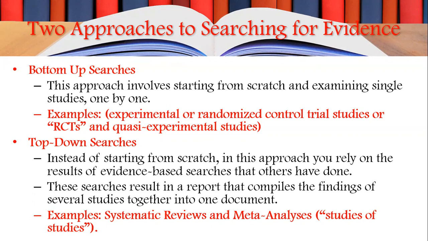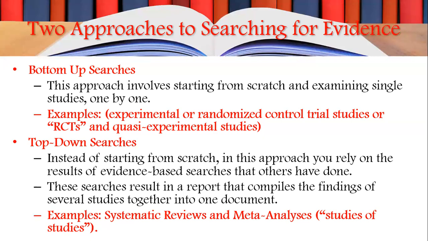But again, the disadvantage is that you're relying on the integrity of someone else's search process. You're trusting them to give you the most valid information and to be inclusive in terms of the studies that they utilize in their systematic review and meta-analysis.